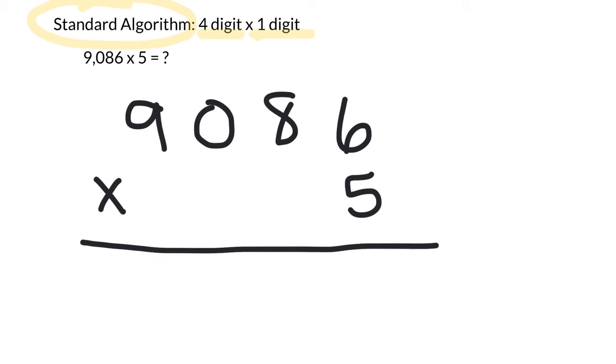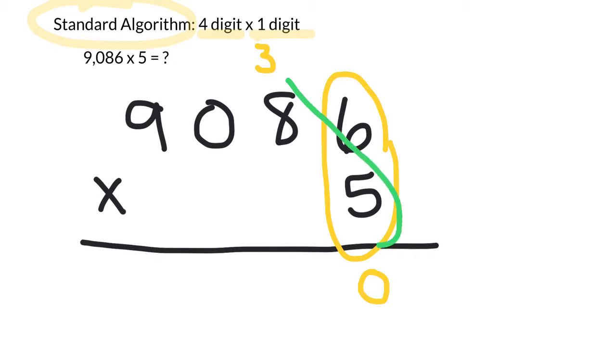So if we start in the ones place, we need to multiply 6 times 5. 6 times 5 is 30. So I would put my 0 and carry my 3 over to my next place value. Now I need to do my next digit over, 8 times 5.